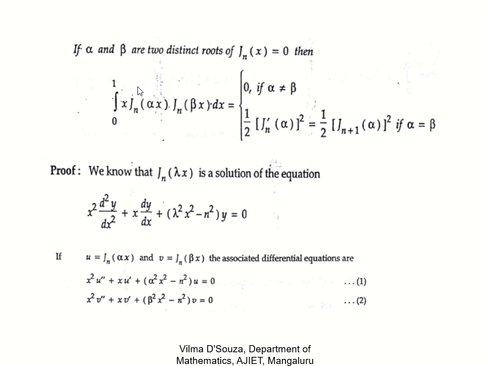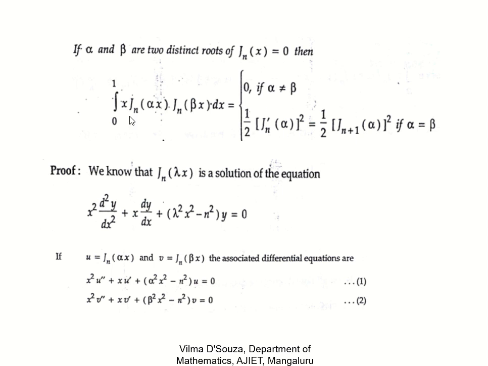And if alpha equals beta, it is half into Jn dash of alpha whole square, which can also be written as half into Jn plus 1 of alpha whole square.